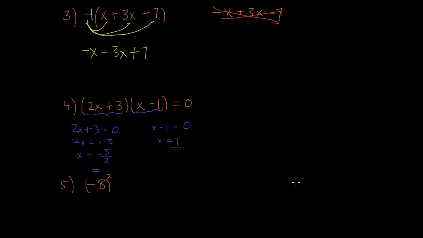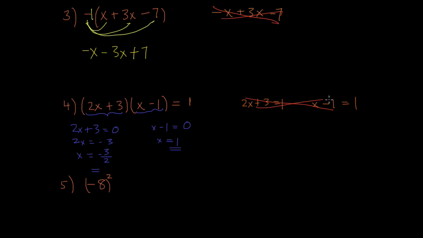But the common mistake that people do is when they see something like this, and this, instead of equaling 0, say it equaled 1, right? Then people tend to go, oh, 2x plus 3 equals 1, and x minus 1 equals 1. But this is wrong.